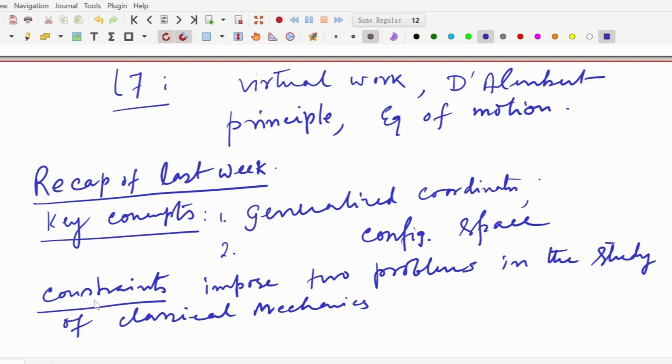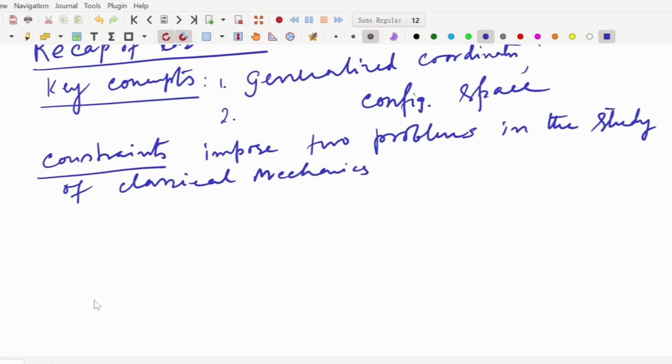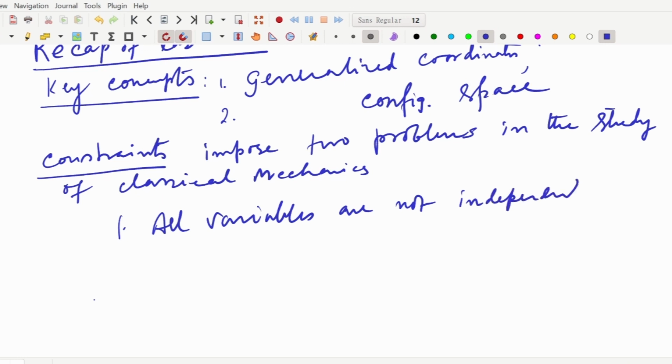I already mentioned what these problems are. Problem one is that all variables are not independent because of the presence of constraints. So this is the problem.